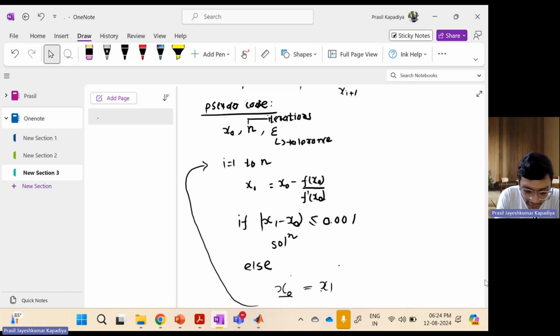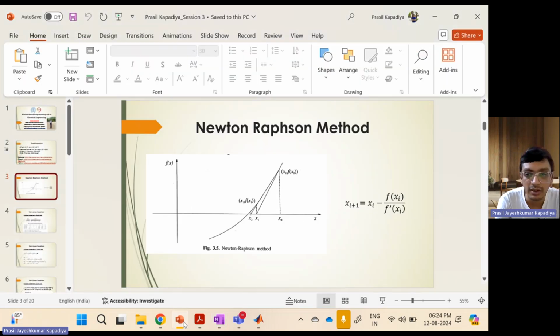For a while loop, I need to give iteration, such that my iteration is less than or equal to the maximum number, starting with iteration 0. So I need to say that k is less than or equal to my maximum iterations. Like that, we can write our code in terms of the Newton-Raphson method.